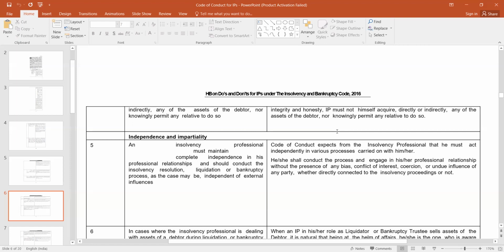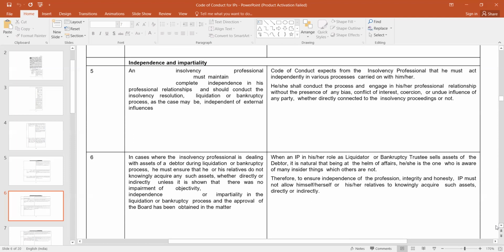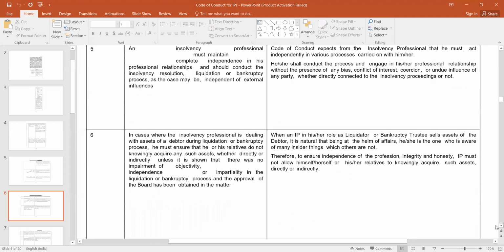Next point is, in cases where the insolvency professional is dealing with assets of a debtor during liquidation or bankruptcy process, he must ensure that he or his relatives do not knowingly acquire any such assets, whether directly or indirectly, unless it is shown that there was no impairment of objectivity, independence, or impartiality in the liquidation or bankruptcy process and the approval of the board has been obtained in the matter.